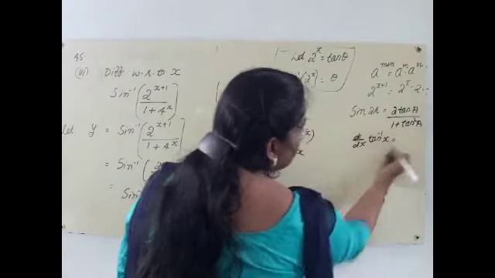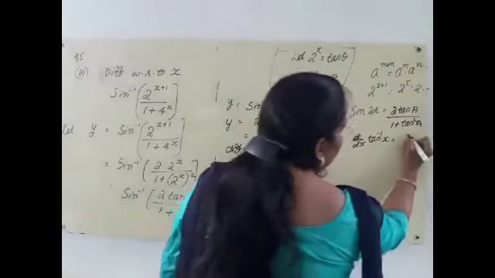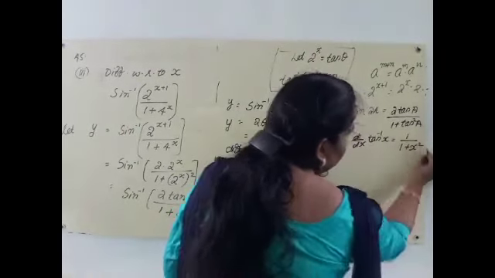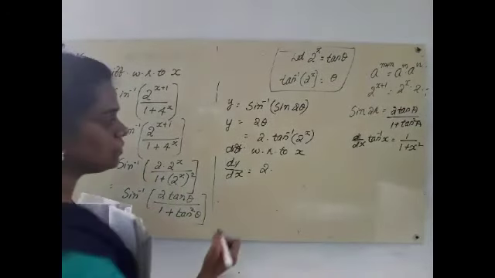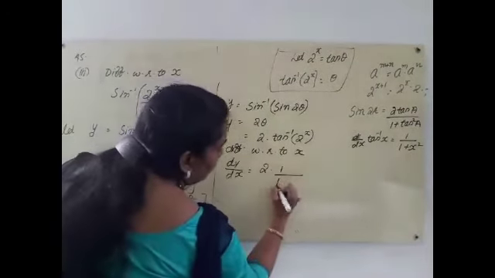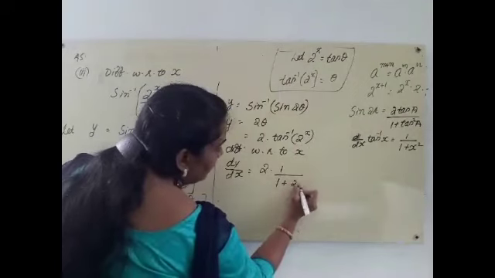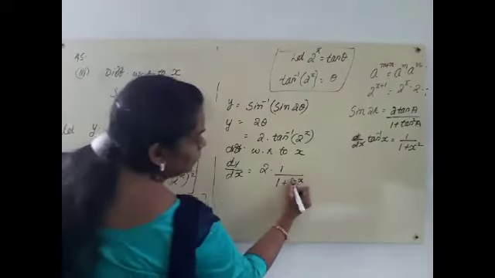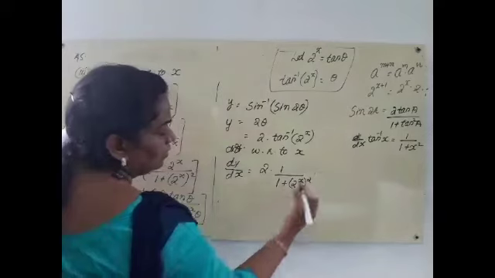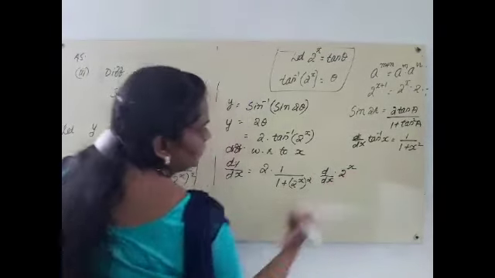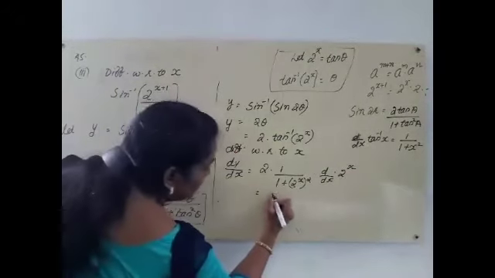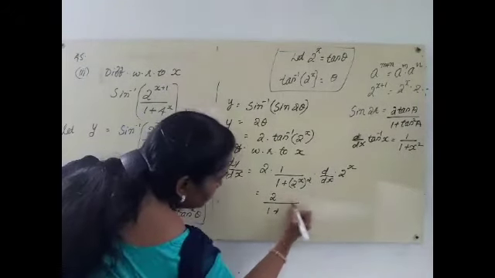D by dx of tan inverse x is 1 by 1 plus x square. Here it is 1 by 1 plus, in place of x square, 2 raised to x the whole square, into that we must apply chain rule, d by dx of 2 raised to x. Okay, that is 2 by 1 plus 2 raised to x the whole square.